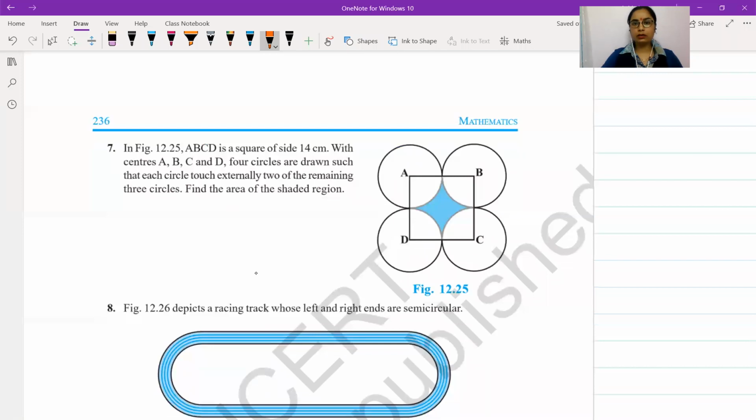From the given figure, where ABCD is a square of side 14 centimeters and at each of the corners 4 circles have been drawn and the circles are touching each other externally at one point, you have to find out the area of the shaded region.